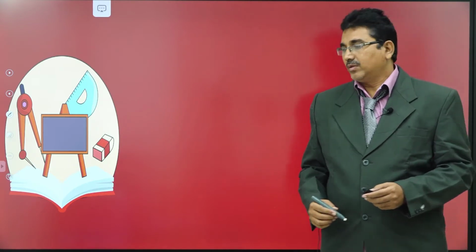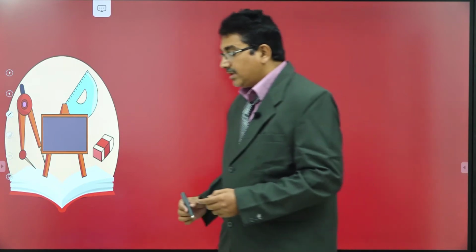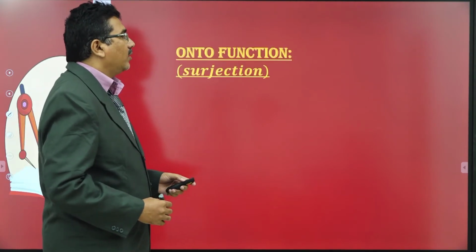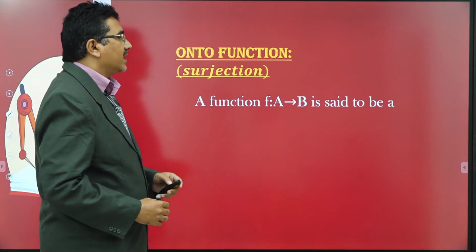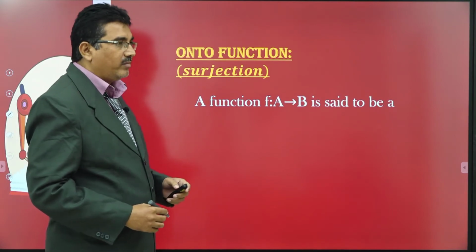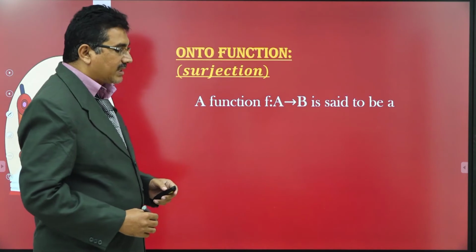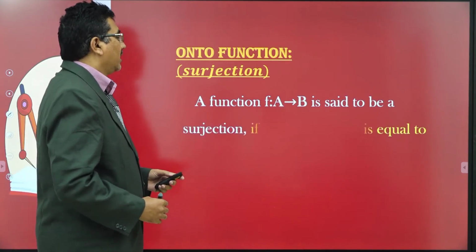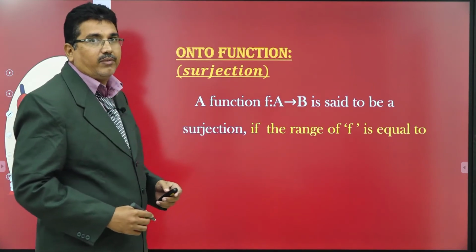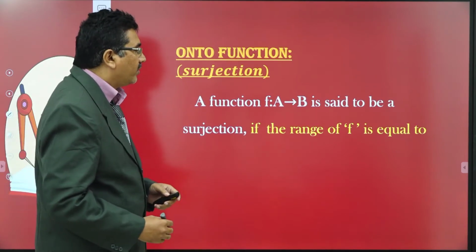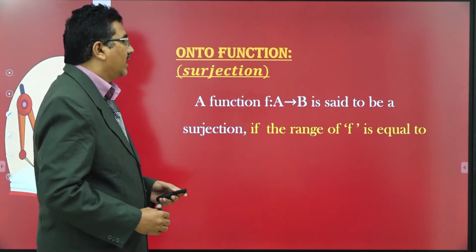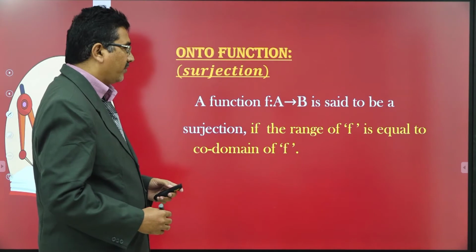So, next one, onto function. This is a special type of function. A function f mapping from A to B is said to be a surjection if the range of f is equal to the codomain of f.